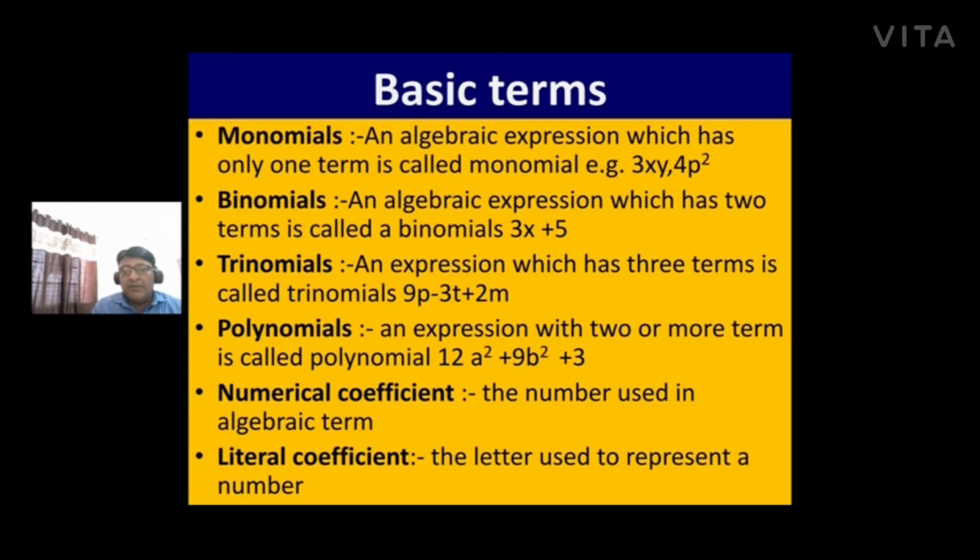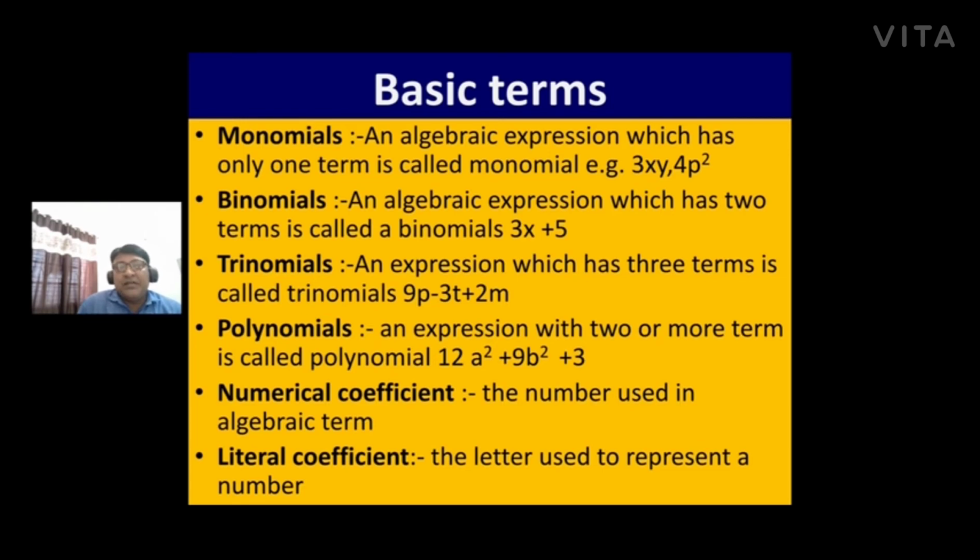For example, 3x plus 5 is a binomial. A trinomial is an algebraic expression which has 3 terms, 9p minus 3t plus 2m. And a polynomial is an algebraic expression. Poly means many. So an expression having many terms is called a polynomial.